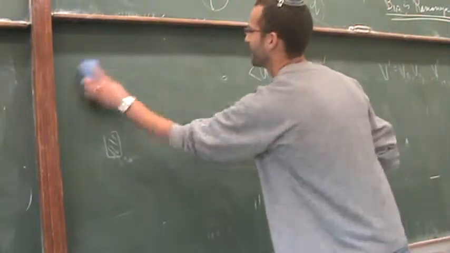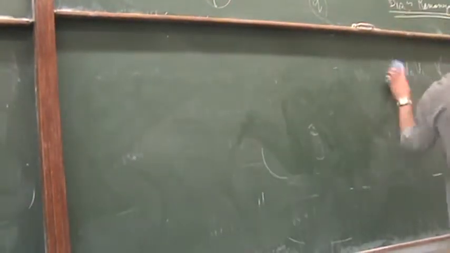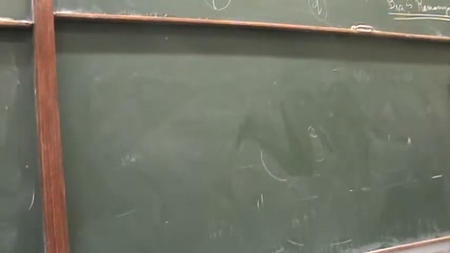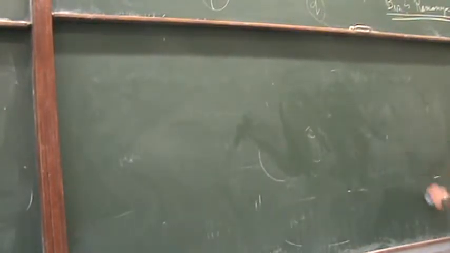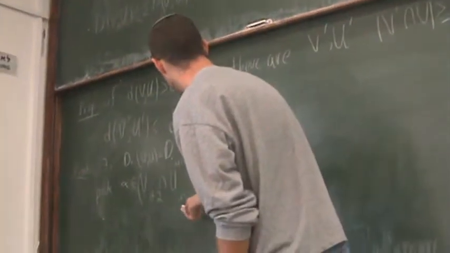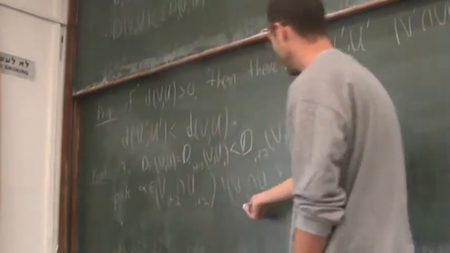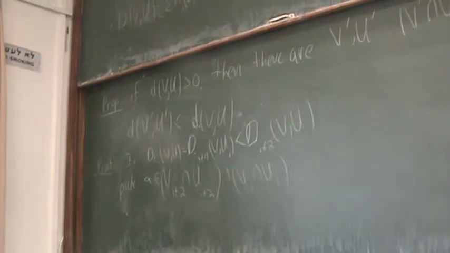Okay. So. I already saw the proof and I don't understand you now. So, okay, I'm sorry. This would be even more difficult for the other. Okay. So we said that there's an alpha which is in vi plus 2 intersection ui plus 2 and not in this intersection. So we pick.